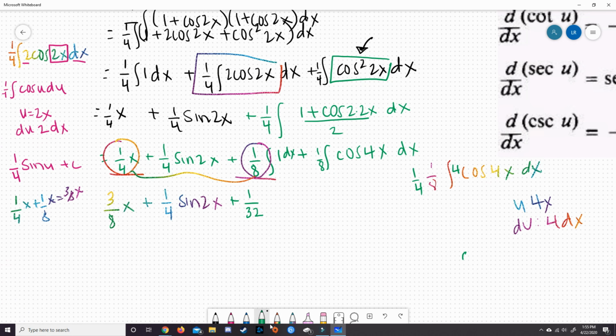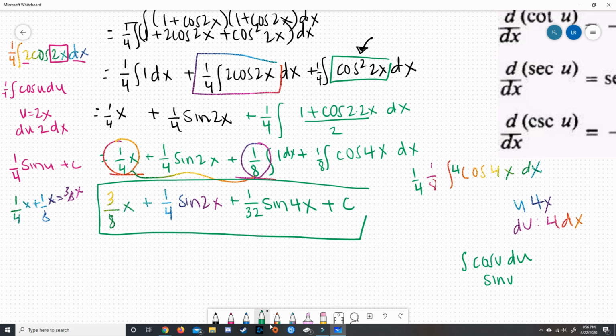And then I can integrate cosine of u du, which is going to be sine of u. So sine of our u, and then plus c. So that is our final answer.